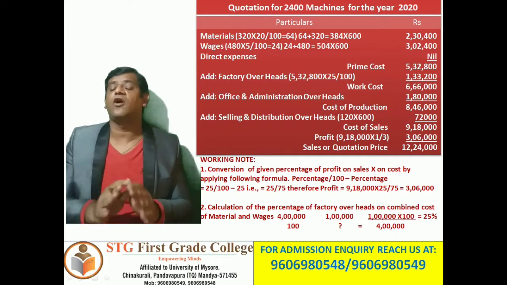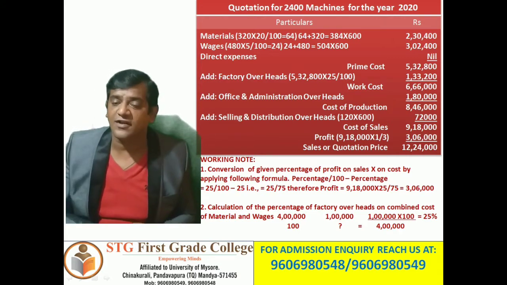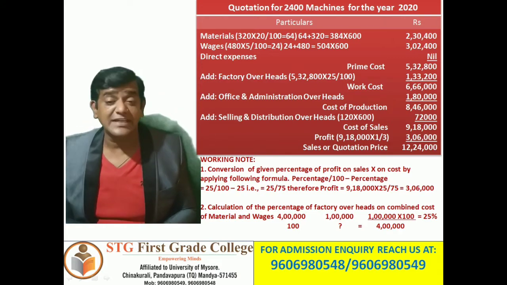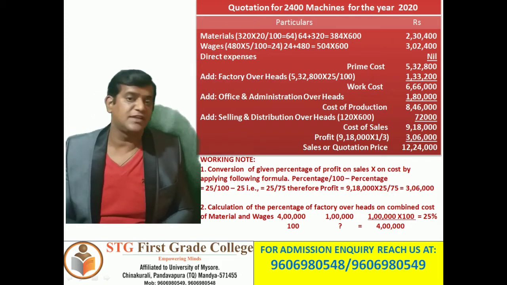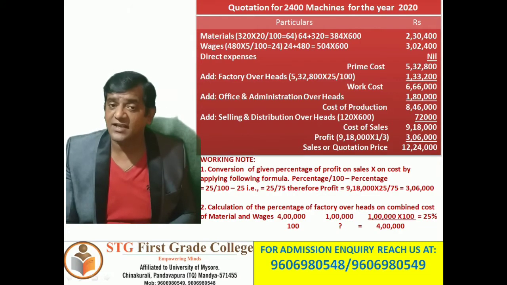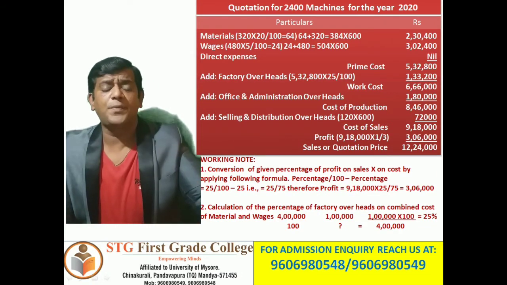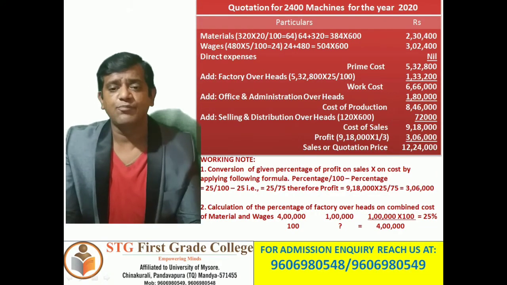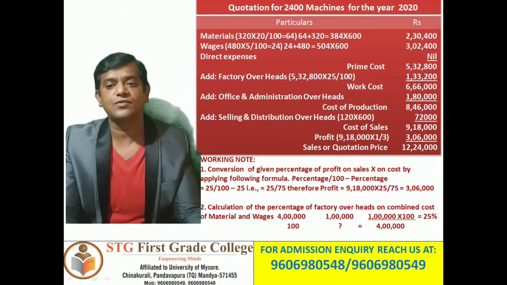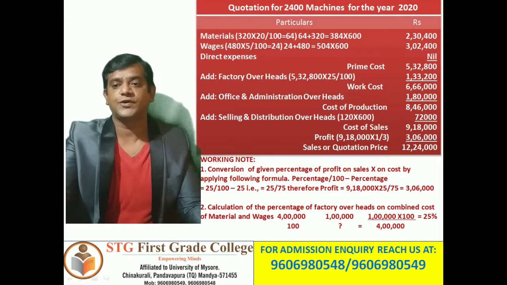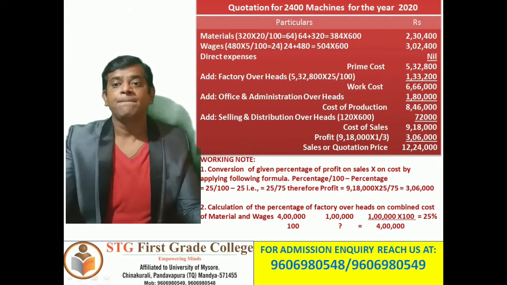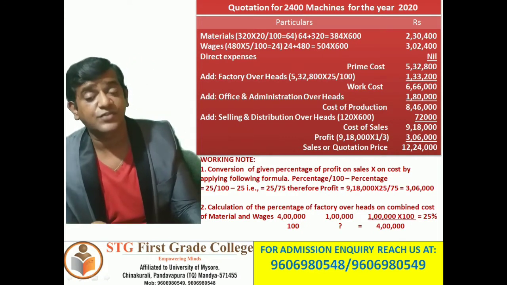Quotation for 600 machines for the year 2019, because 2018 is used for estimating 2019. Open materials. See what the cost per unit in materials was. In the cost per unit, materials was 320.